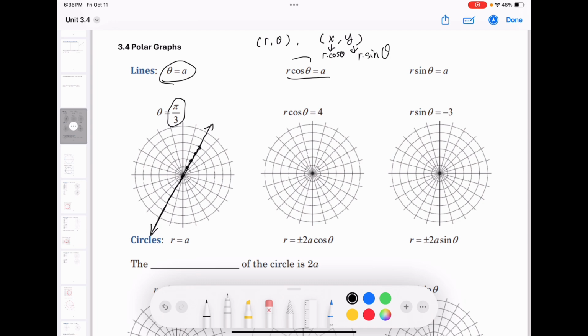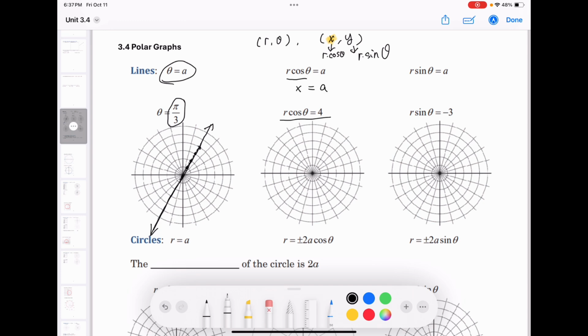In this notation, r times cosine theta is equal to a. That means my x value is a constant number, so that is a straight line, x is equal to a.